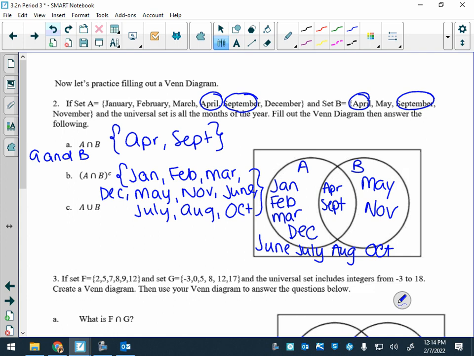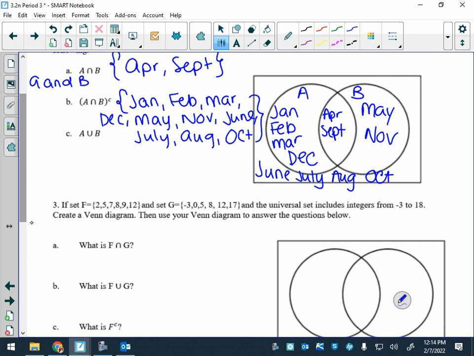Okay? Some people have asked, is there a shortcut? No, you have to list them out. That's what set notation is. Okay? Now for C, A or B, or both. Brian.